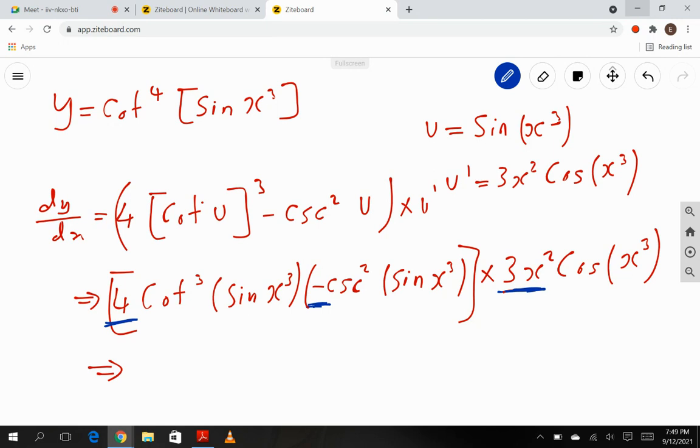So that negative, that 3x squared and 4, that makes it what? Negative 12x squared. So then you just basically try to rearrange your answer.